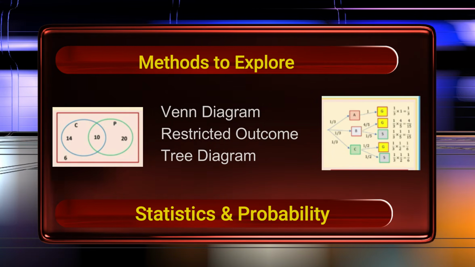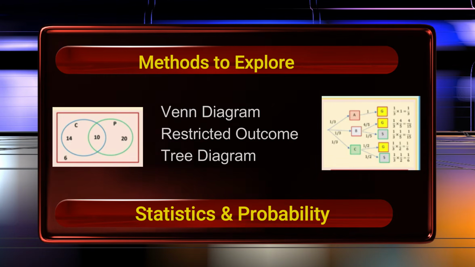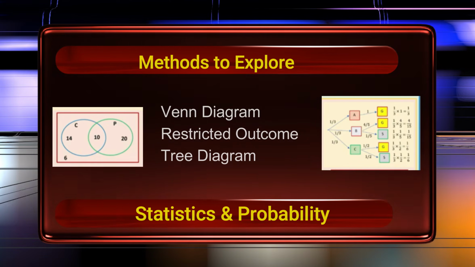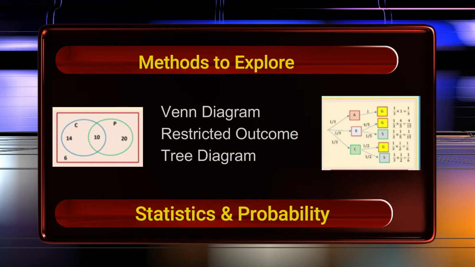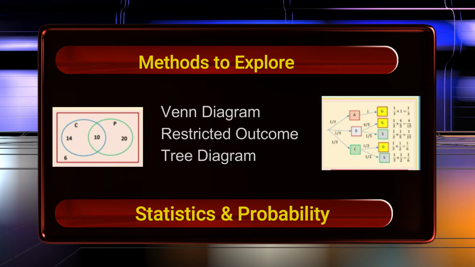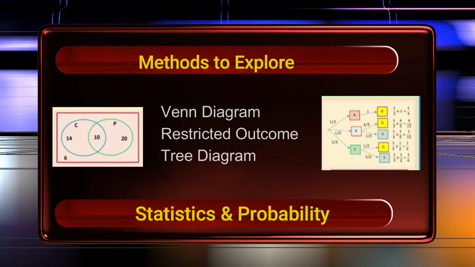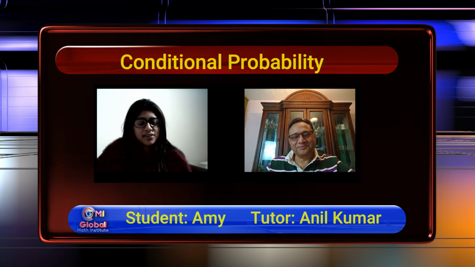One, using Venn diagrams, then using rows and columns, that is, making two-way tables, and then we'll look into making tree diagrams. Now, these are three very interesting cases which can help you provide simple solutions to difficult questions.